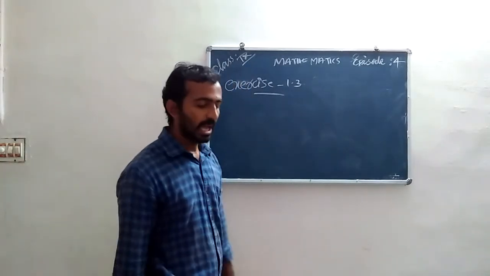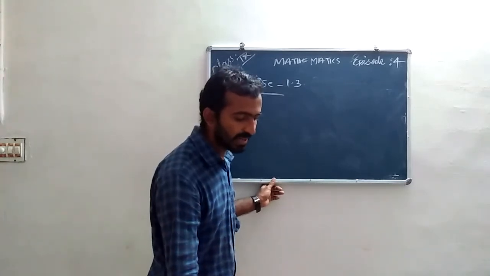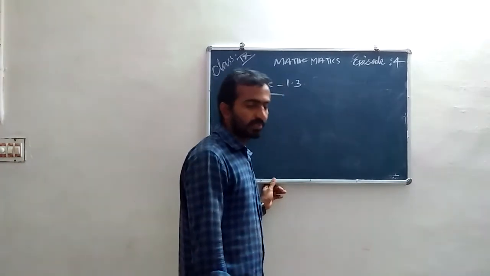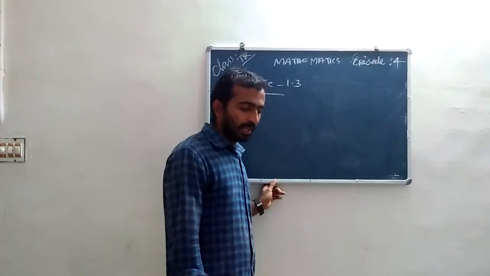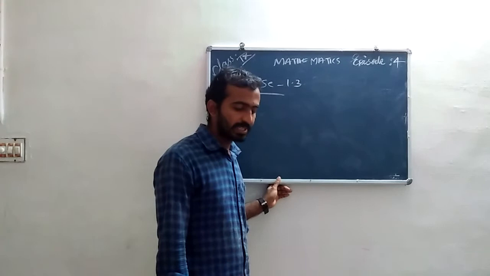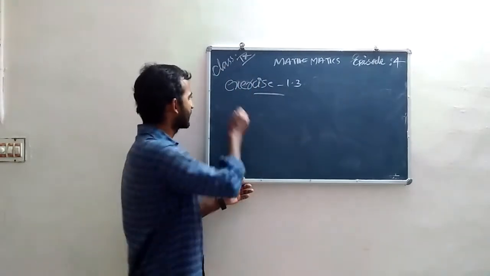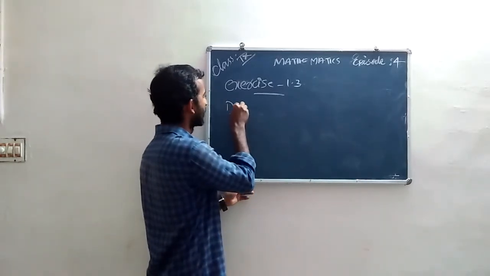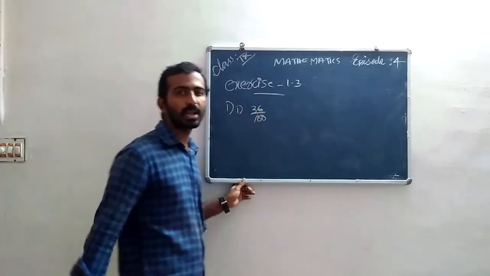The first question is: write the following in decimal form and say what kind of decimal expansion each has. The first one is 36 by 100.